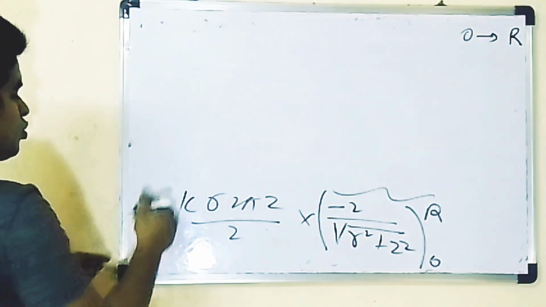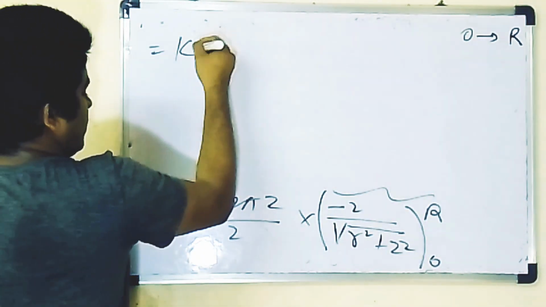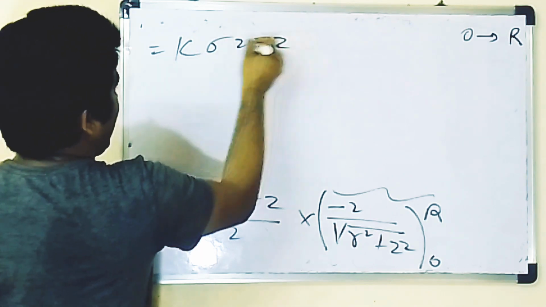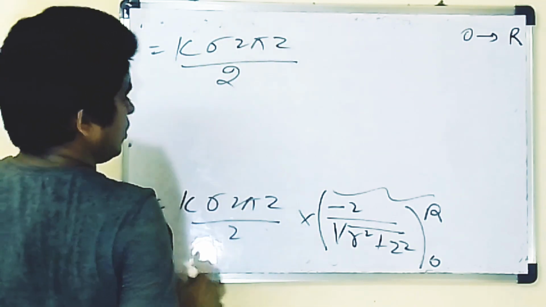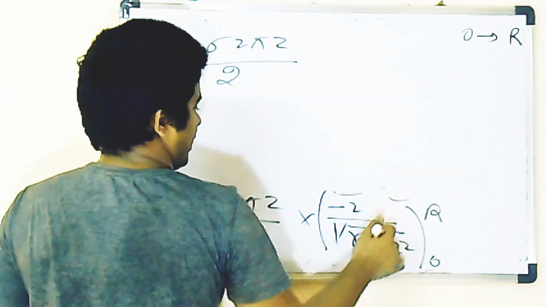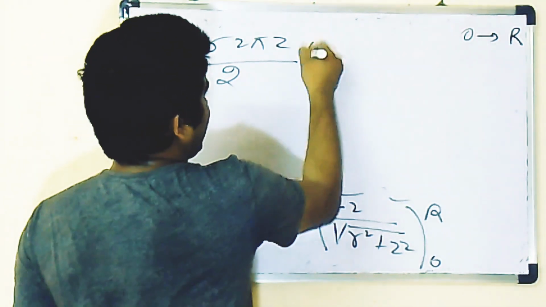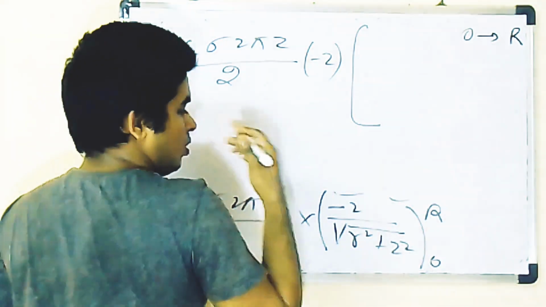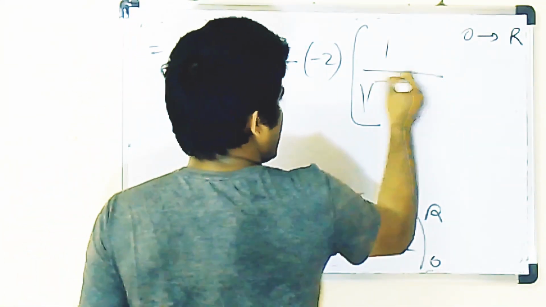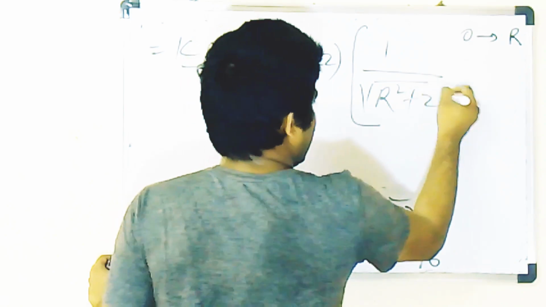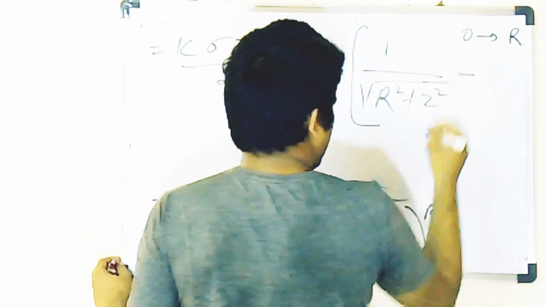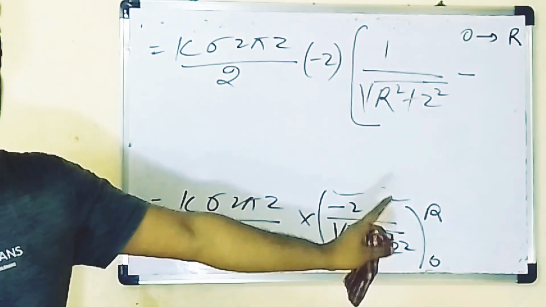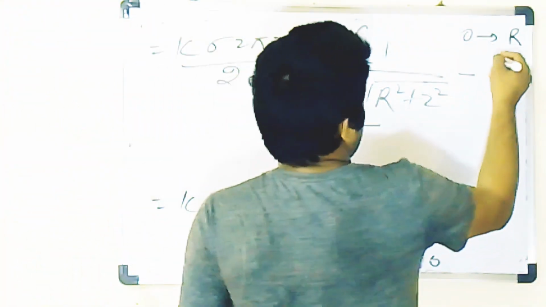So now my child, solve this. This is K sigma 2 pi z divided by 2, into minus 2, which is a constant, so you can take minus 2 outside. Now see here, r: this will be 1 by root of r square plus z square minus, when you put 0, r will be 0, so 1 by root of z square, which is 1 by z.